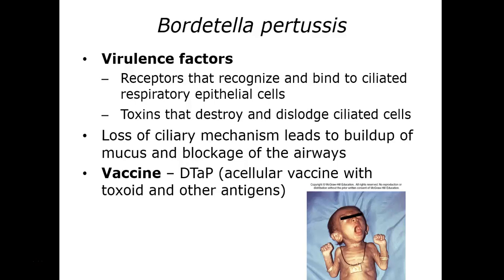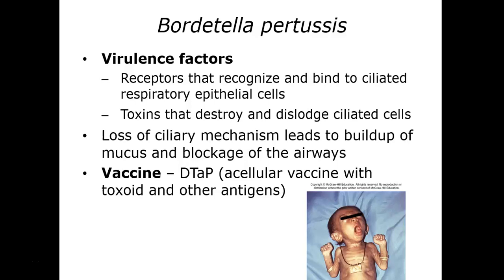And as they undulate back and forth, they help to move mucus and other materials through your tract. Well, when the toxin destroys the ciliated cells, it causes mucus to begin to accumulate and eventually block your airways, leading to suffocation.